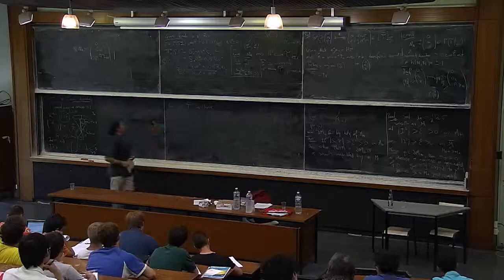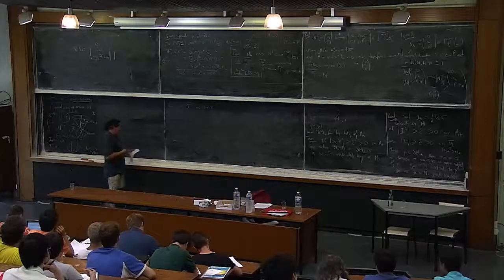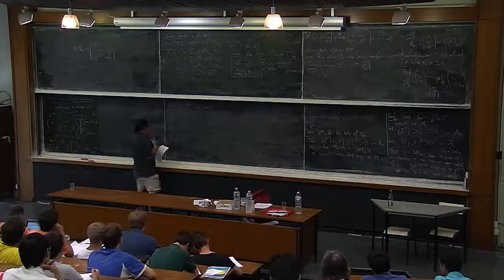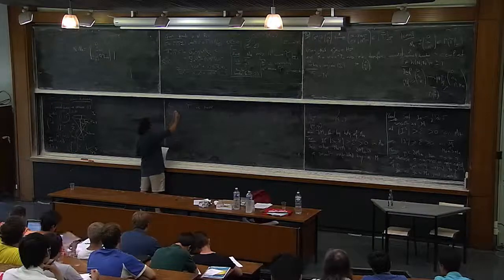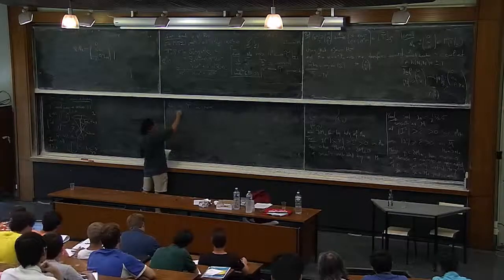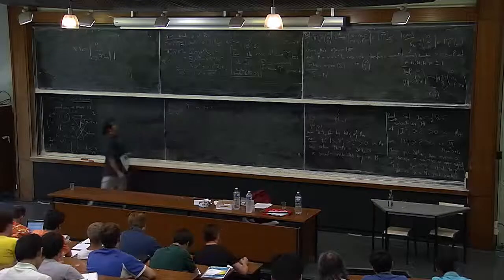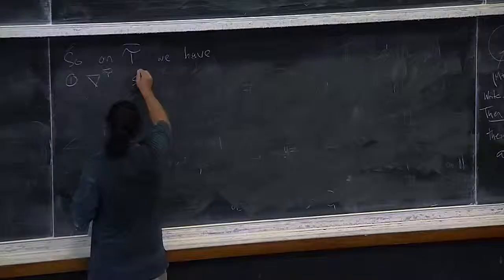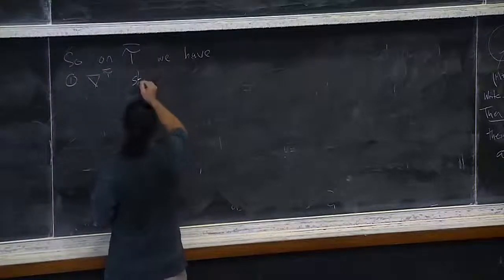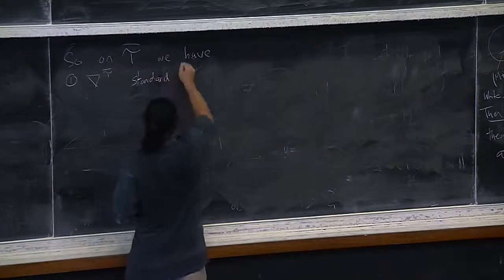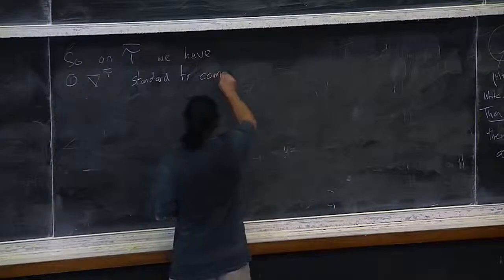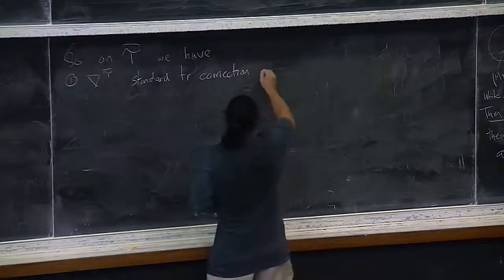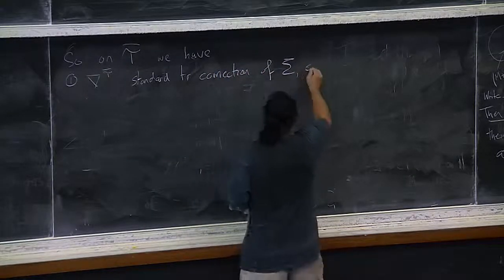Okay, so on this intrinsic tractor bundle, which I think of as agreeing with N perp, we have one, the intrinsic tractor connection. So this is just the tractor connection of the conformal structure of the submanifold. So this is the standard tractor connection of Sigma with its conformal structure.